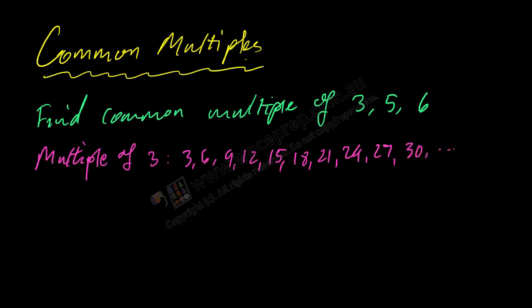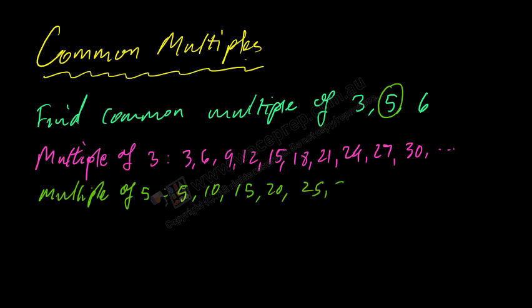Next we need to find the multiples of the second number, which is 5, and in this case the multiples of 5 are 5, 10, 15, 20, 25, 30, 35, 40, 45 and 50 and so on.